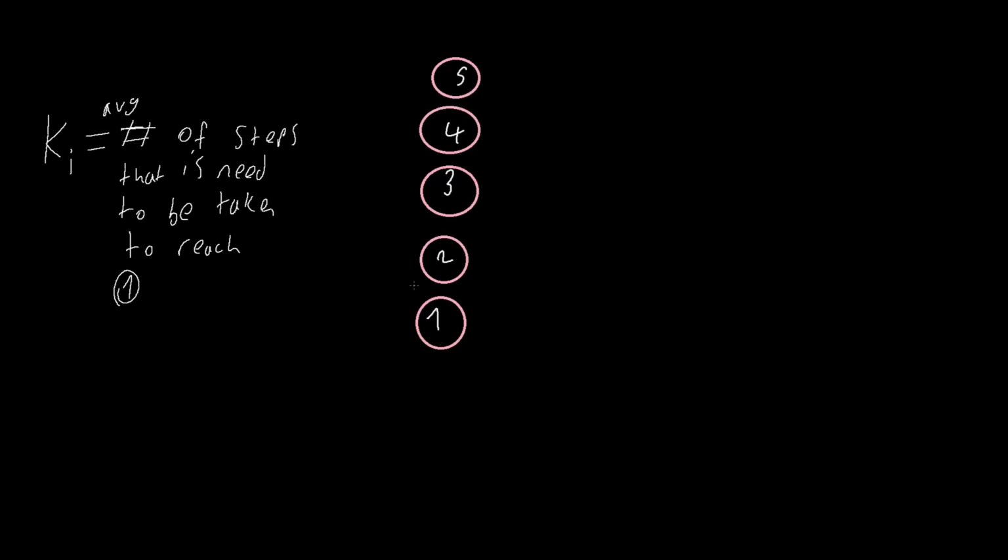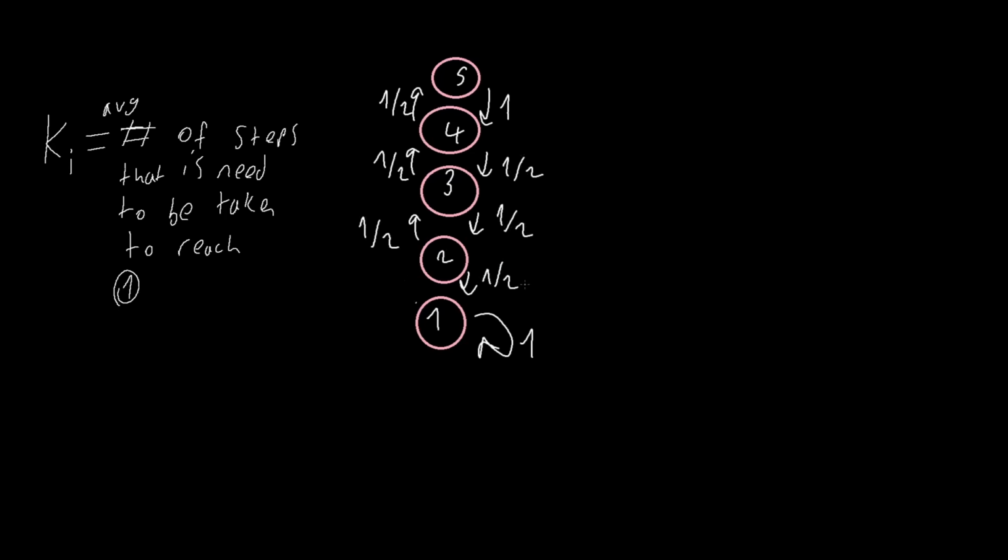Let's represent our probabilities. Actually, I made a mistake in here. This is gonna be like that, not like this. Okay, then we can say this has an occurrence of 1 over 2, 1 over 2, 1 over 2, 1 over 2, 1 over 2, 1 over 2, 1. Okay, so these are basically the probabilities.